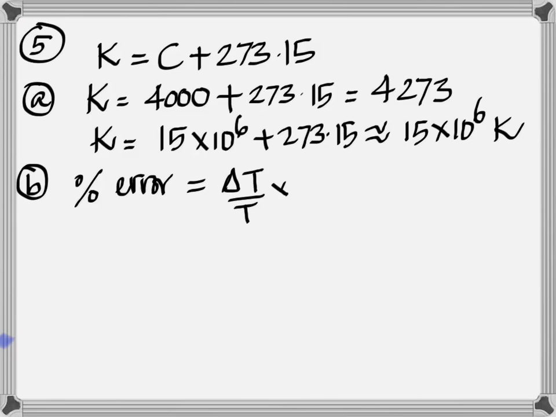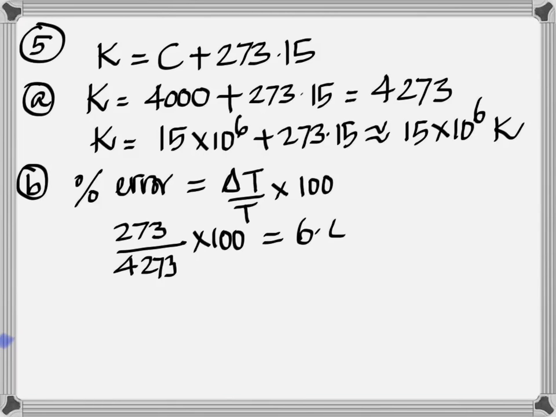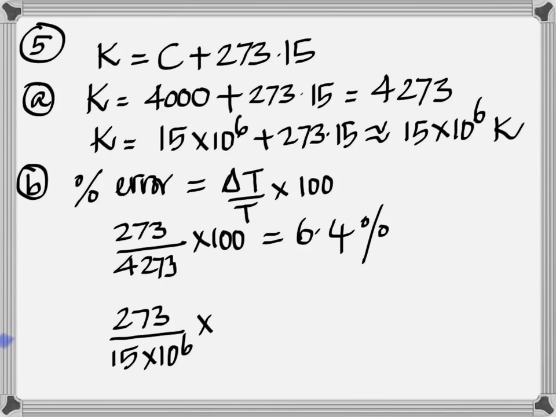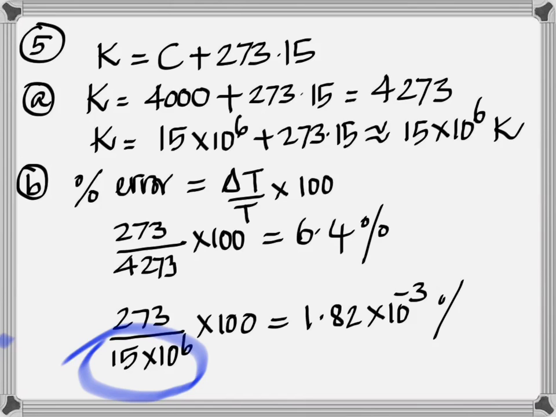And so the percentage error in the first case, because 273 is the difference, divided by the original times 100, is 6.4%. But in the second one, of course, it's going to be much smaller because the number here is much bigger. So you get 1.82 times 10 to the negative 3%.